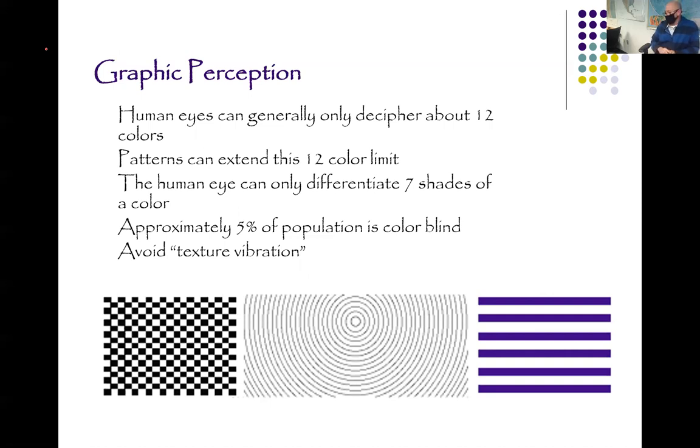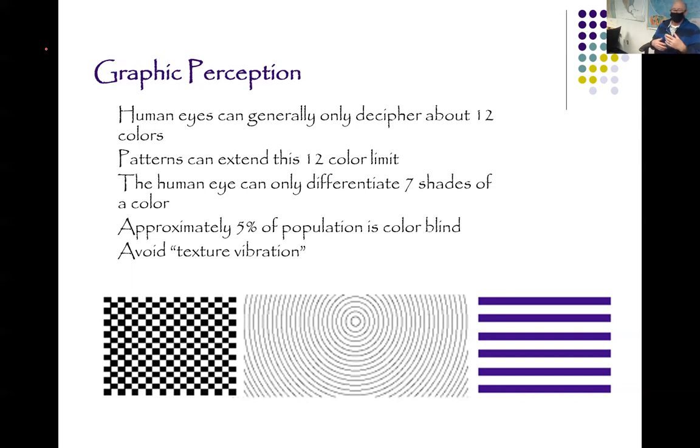When you pick fill items, like for areas, when you fill something with a color, sometimes you can use a pattern, which can extend the number of differences you can see. If we're symbolizing population, and you use just one color, you can only discern about 7 different shades of a single hue.